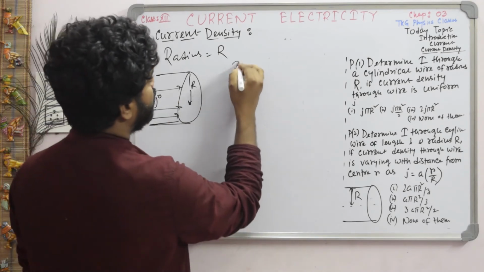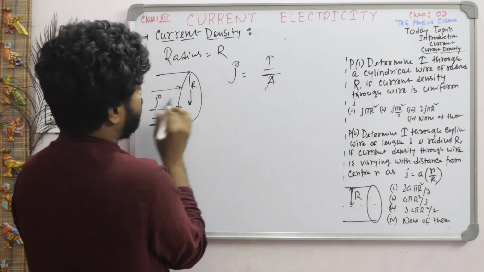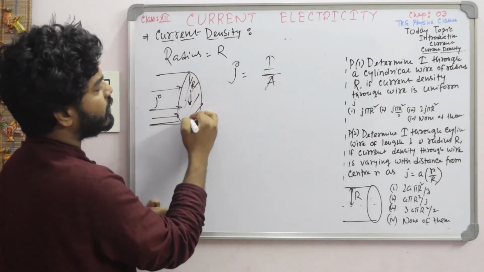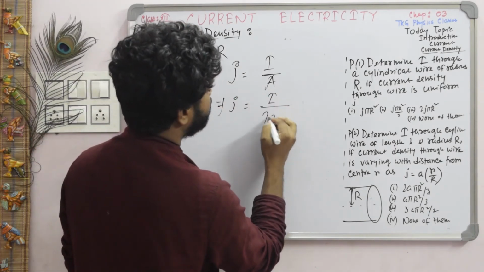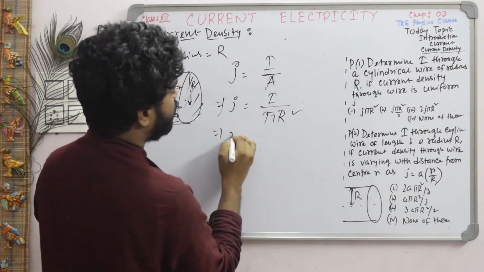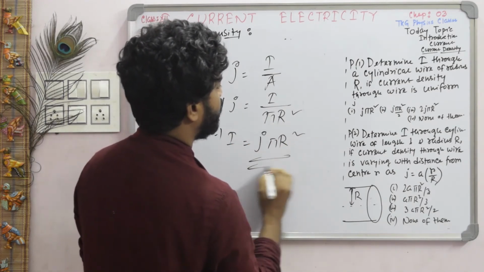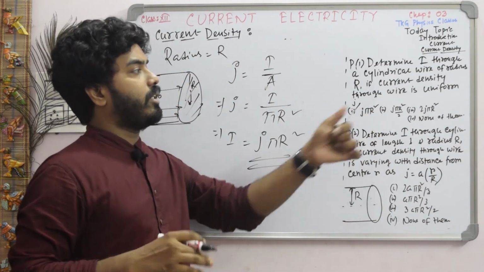You know the formula of J, that is J is equal to I by A. So this current density is the current passing through this cross section, and you know the value of area, that is pi r square. So the value of current becomes J pi r square. You just see this one, the first option, J pi r square.